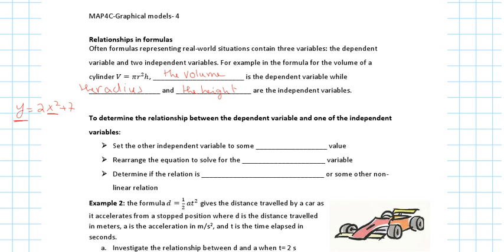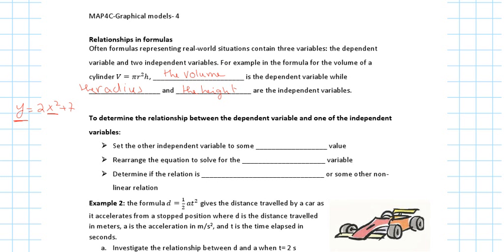To determine the relationship between the dependent variable and one of the independent variables, you have to set the other independent variable to some constant value. You can't do your studies with too many unknowns, in this case 3 unknowns. You always have to set something constant. Let's say you're looking at the volume of the cylinder. You can't have the volume be a variable, the radius be a variable, and the height be a variable.